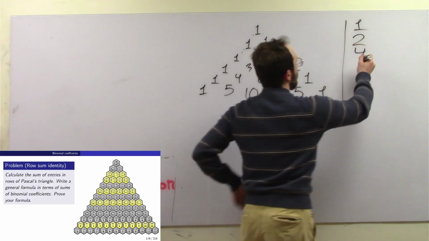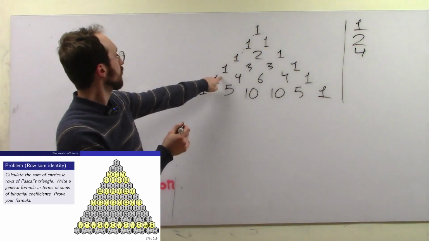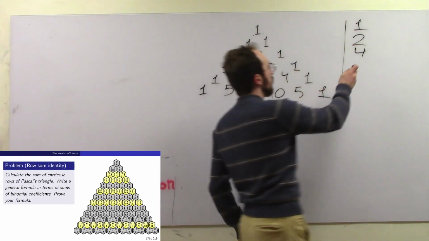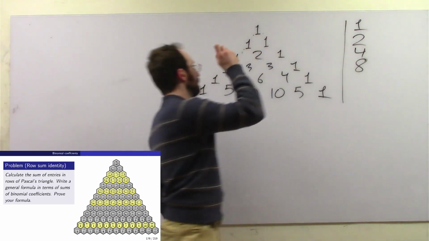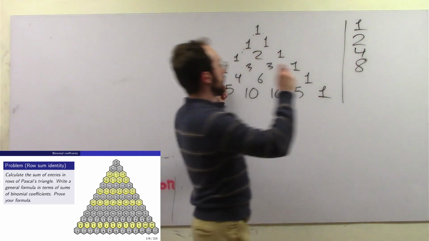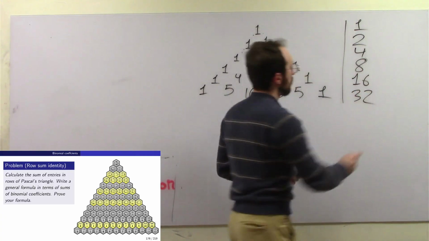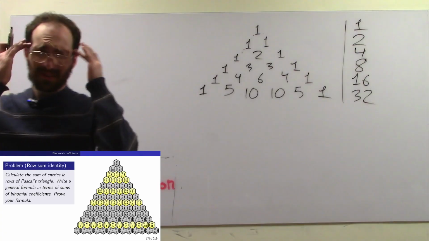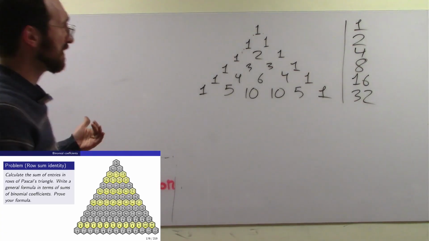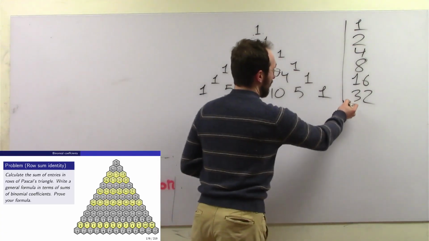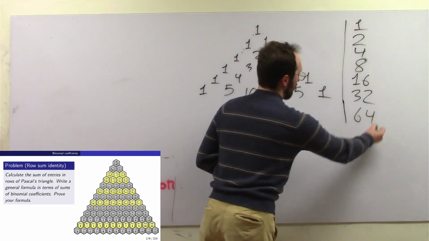That's 4. Oh, I think I'm seeing a pattern. 1 plus 3 plus 3 plus 1. That's 8. This is 16. This next one is 32. I bet you this next one's 64.